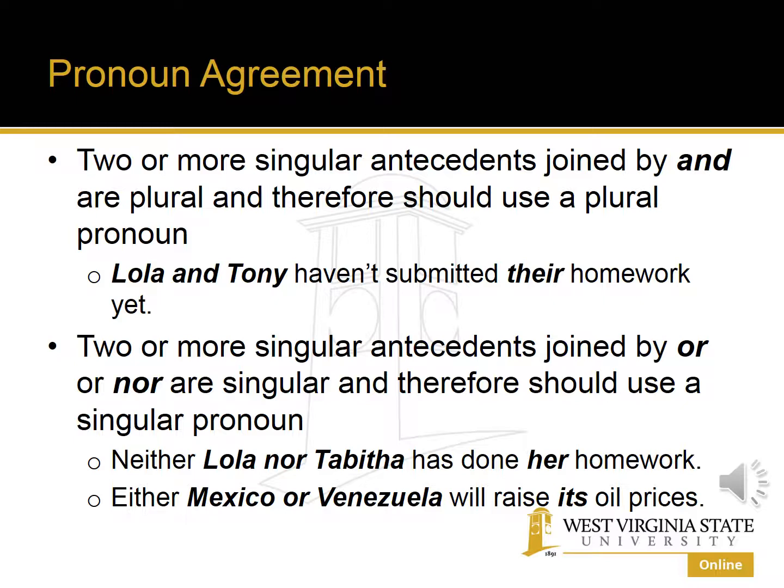So, for example, neither Lola nor Tabitha has done her homework. We know that Lola and Tabitha are both female, so we use her. Either Mexico or Venezuela will raise its oil prices. Two countries, so we use the gender neutral its and singular.